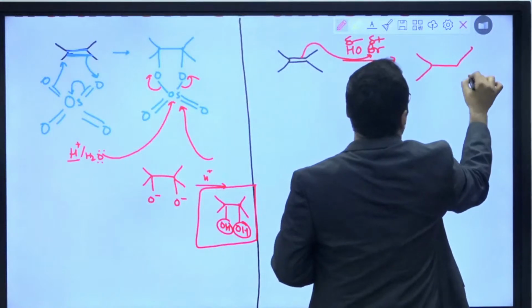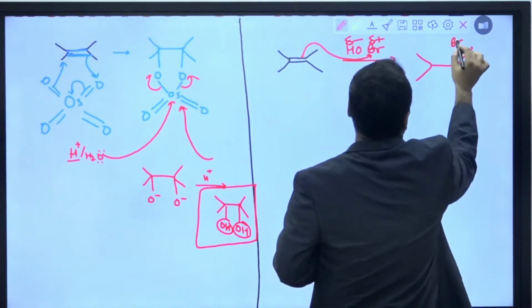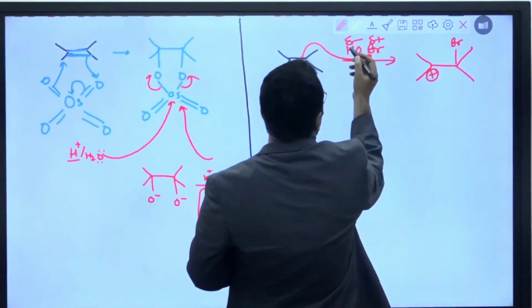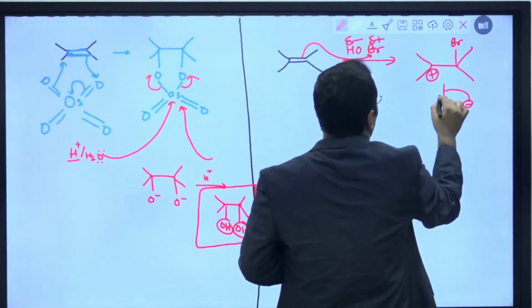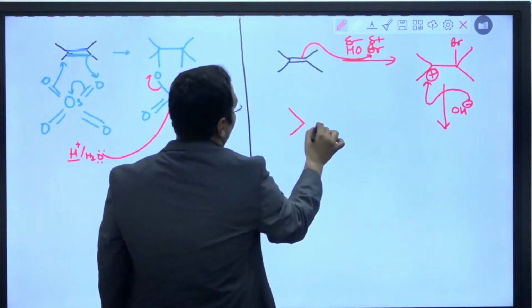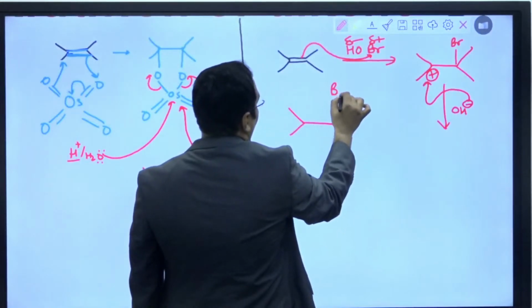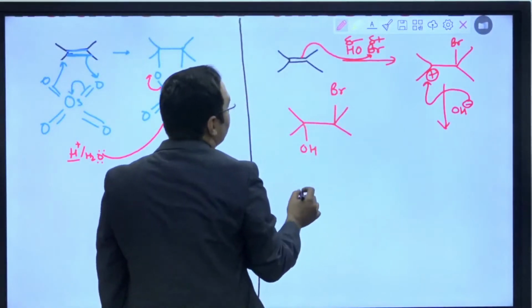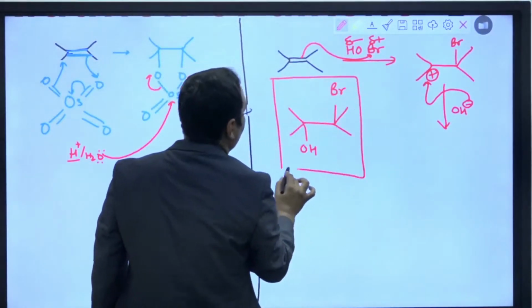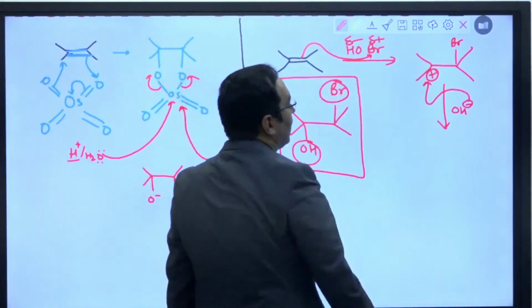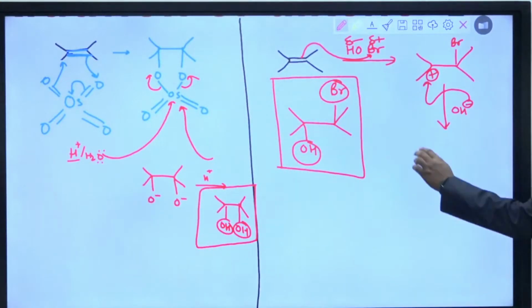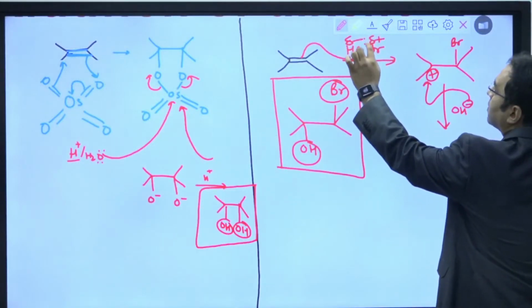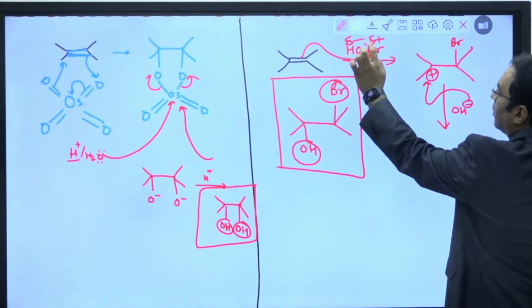So if this is formed, Br plus will be joining here, and then OH minus will come next, but it will approach from the opposite side. So this is what we are trying to form. Can you observe? We are keeping it on the opposite side. Yeah, because this can break, right? This can easily break.